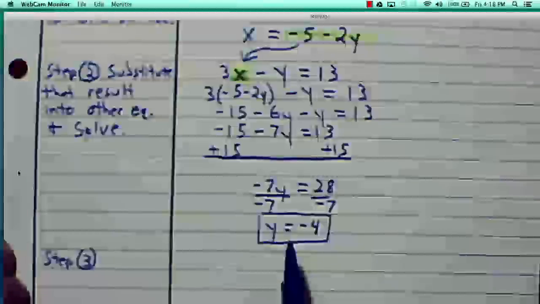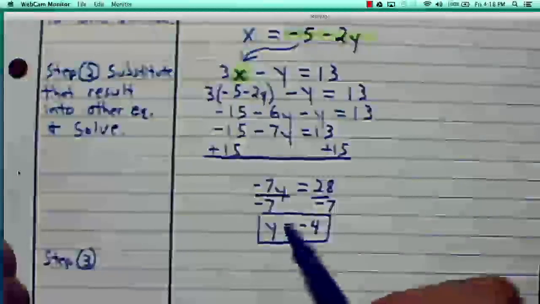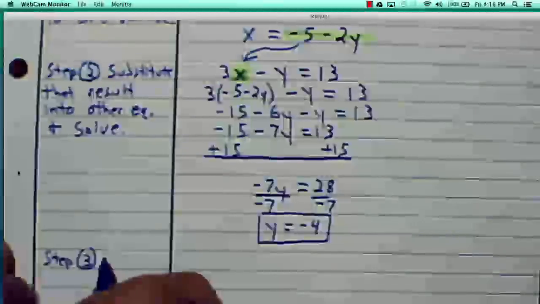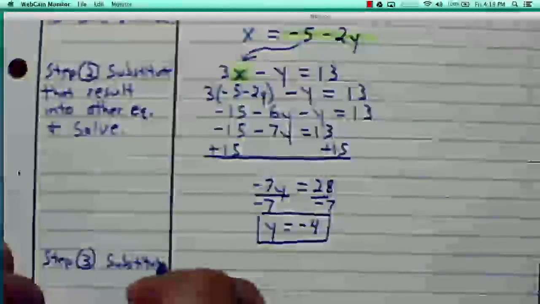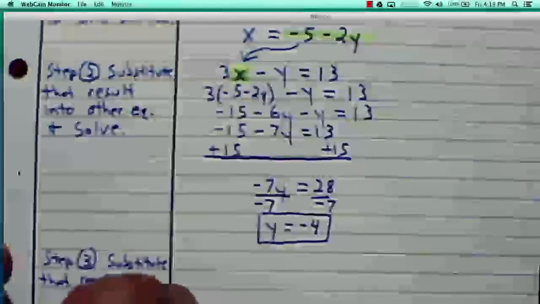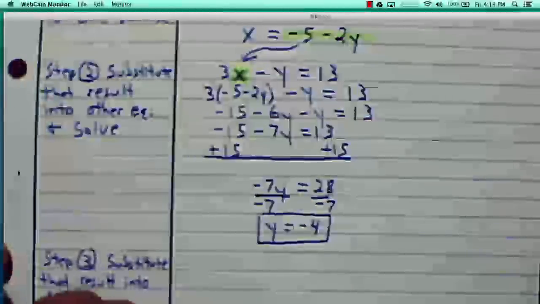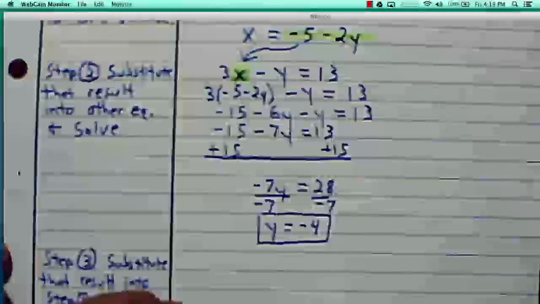It works best that we substitute it in for the result from step 1. Here we have x, here we have y, this says x equals. So now, substitute that result into the step 1 result.